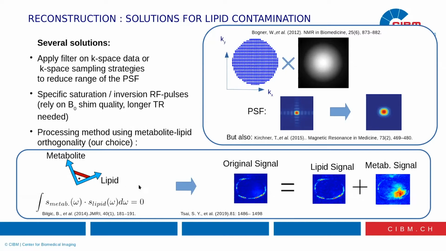Taking the scalar product of both spectra gives 0. Based on that property, we can split the original signal, which contained the lipid that contaminates the metabolite, into the lipid and the metabolite signal, and we can differentiate both of them. And eventually we throw away, of course, the lipid signal that we are not interested in and only remain with the metabolite signal.